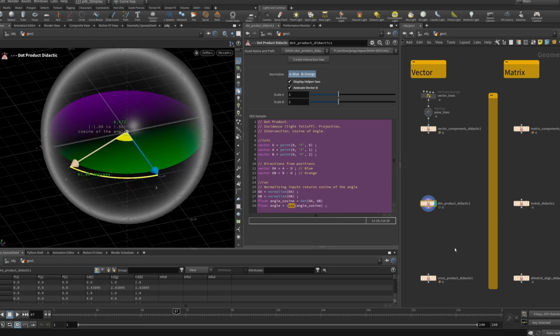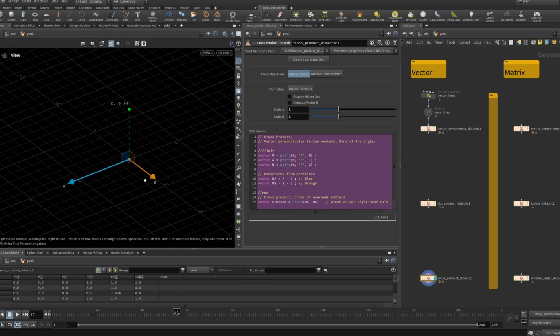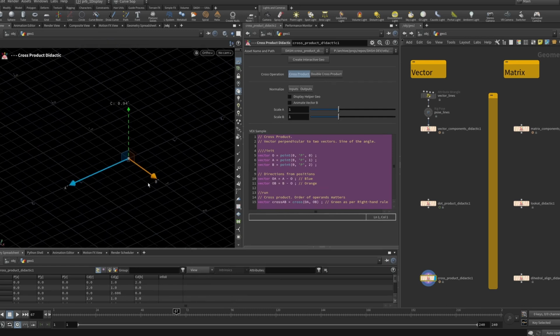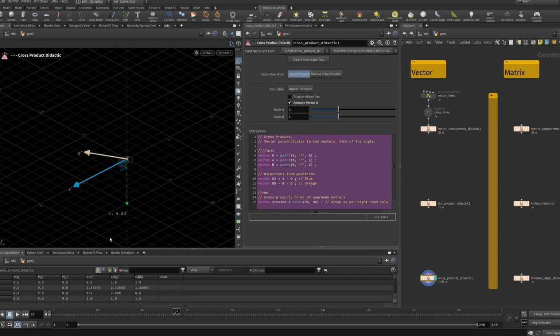All right, so now let's go into the cross product. The cross product is something that returns a vector that is perpendicular to both input vectors. So I have A and B, and then I have this vector C that is perpendicular to both of them. And if I animate vector B in here, you can see how that changes.